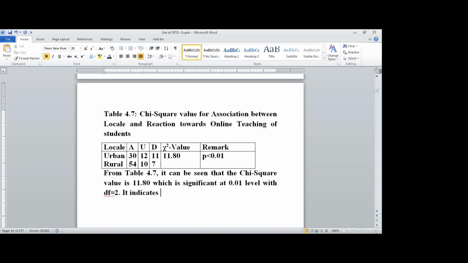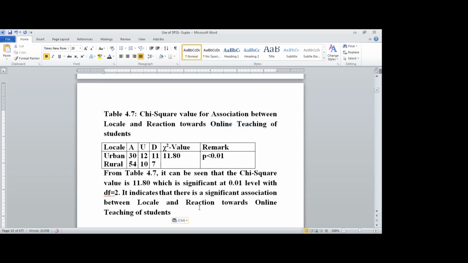So it indicates that there is a significant association between locale and reaction towards online teaching of students.